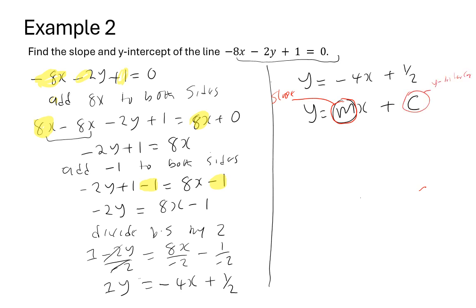If you compare it with the other line, this is our m, the coefficient of x, and this is our slope. So our slope, which is our m, is minus 4, and our y-intercept, which is our c, is 1/2.